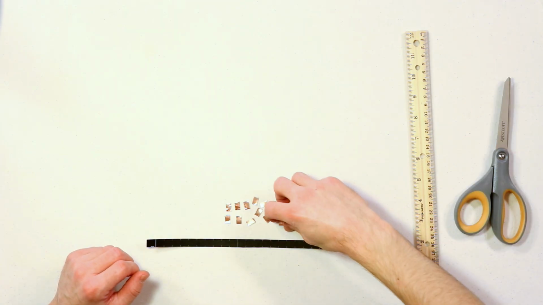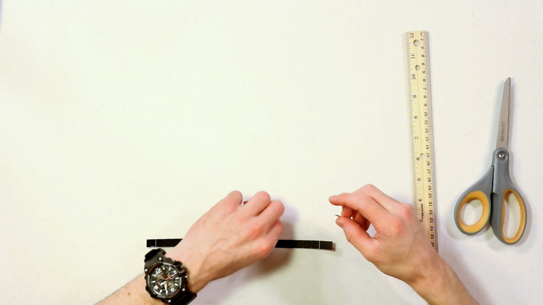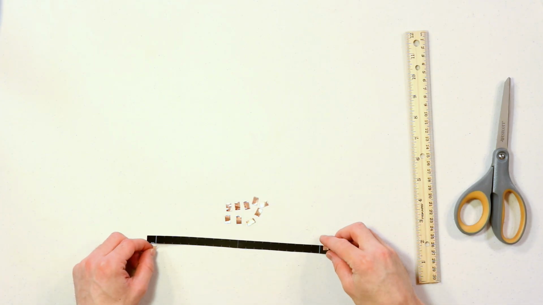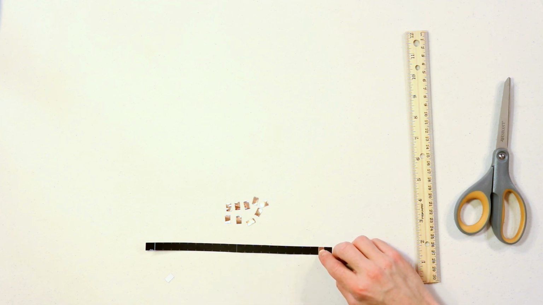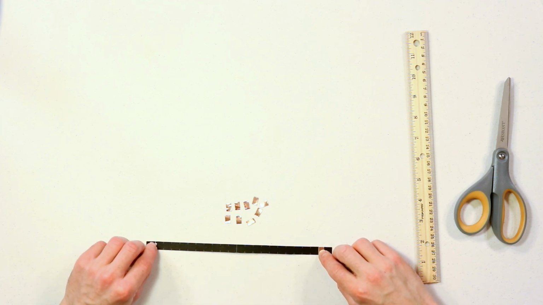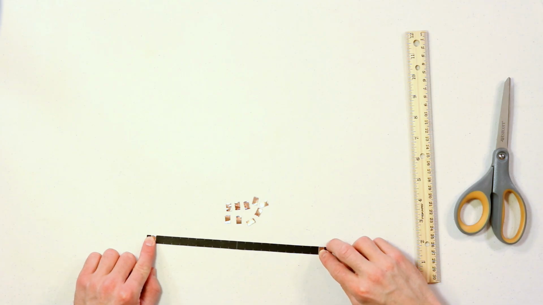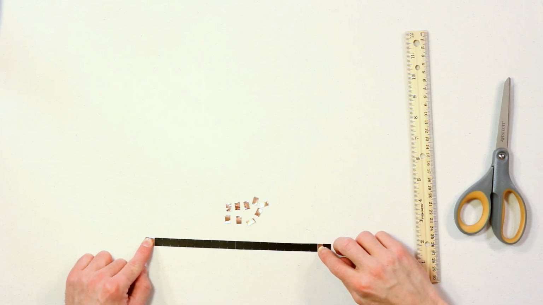What I'm going to do now is apply a piece of the conductive tape to each end of the conductive paper. We left the margins on so that I can put one at each end, so it's going to be in the margin, and there will be 20 centimeters in between the two pieces of tape.